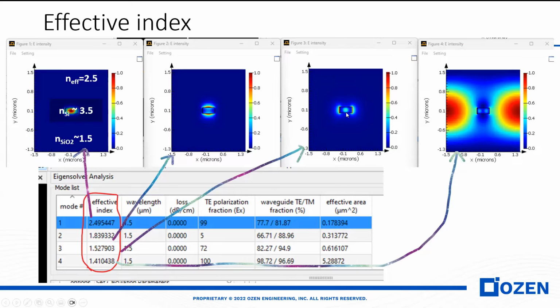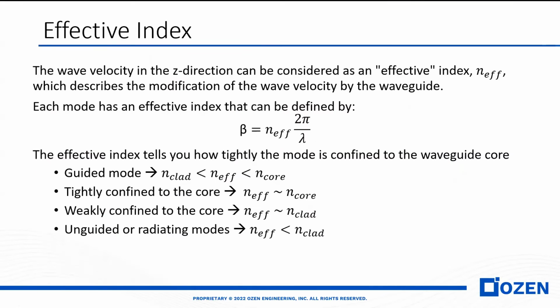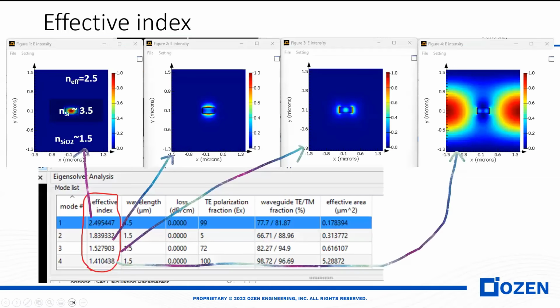But for this one, the effective index is similar to the refractive index of SiO2, so we have weak confinement in this mode. And for this picture, as you see, the effective index is smaller than the refractive index of SiO2, and for this reason, this is unguided. Look at this picture: we see different cases for these modes.